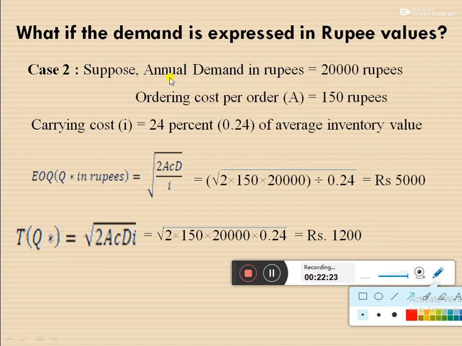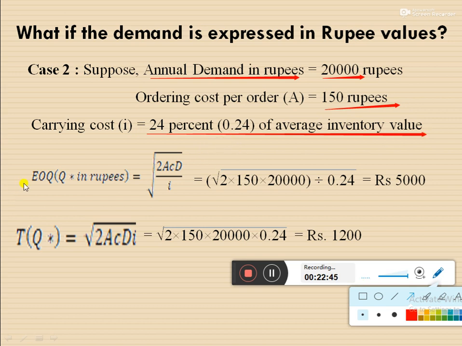Suppose the annual demand in rupees is given, that is equal to 20,000 rupees. Ordering cost per order is equal to 150 rupees, and carrying cost, I, is given as 24% of the average inventory value, that is 0.24.